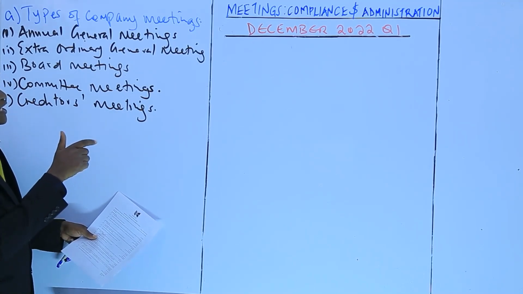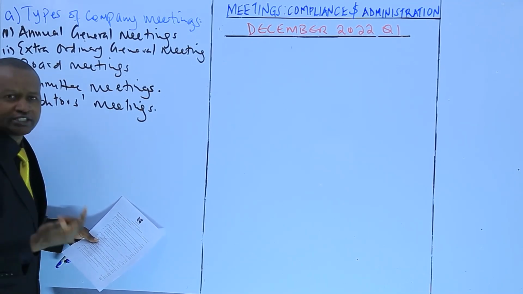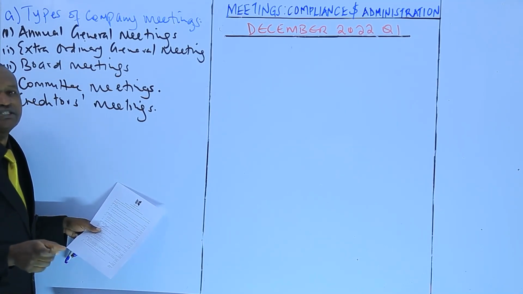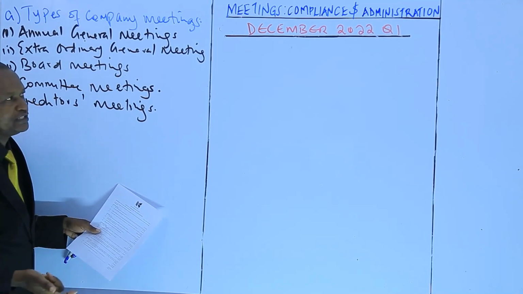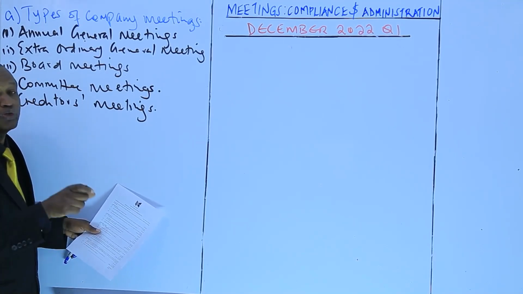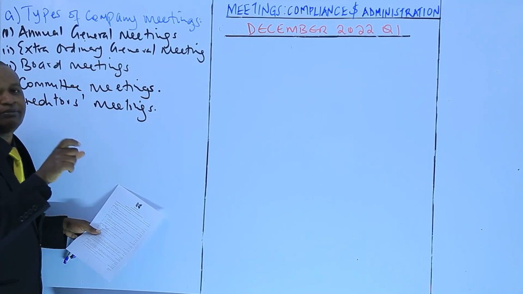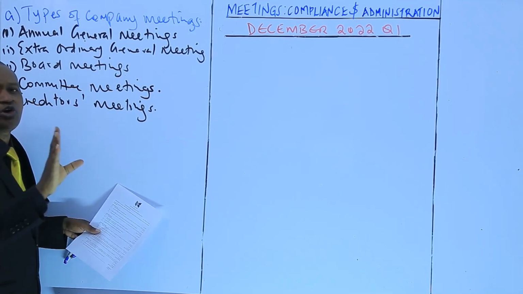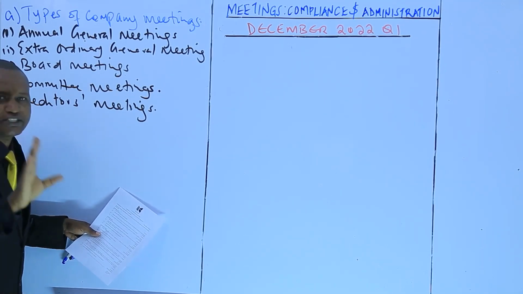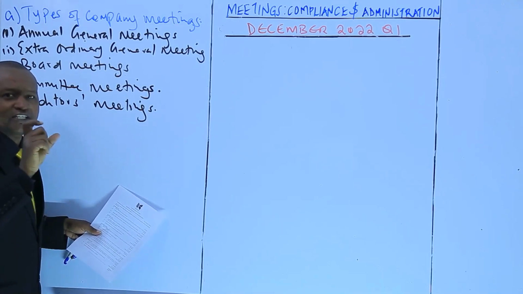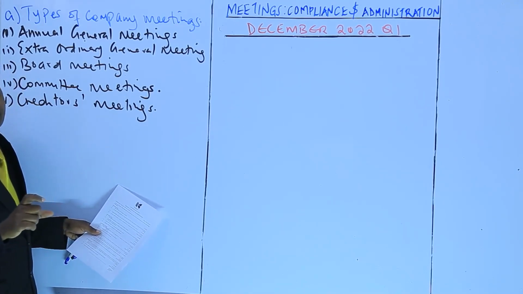Such a committee could be, say, the audit committee, the remuneration committee, the nomination committee, the risk management committee. Those are examples of board committees, which hold separate meetings to discuss specific areas of the company's affairs.